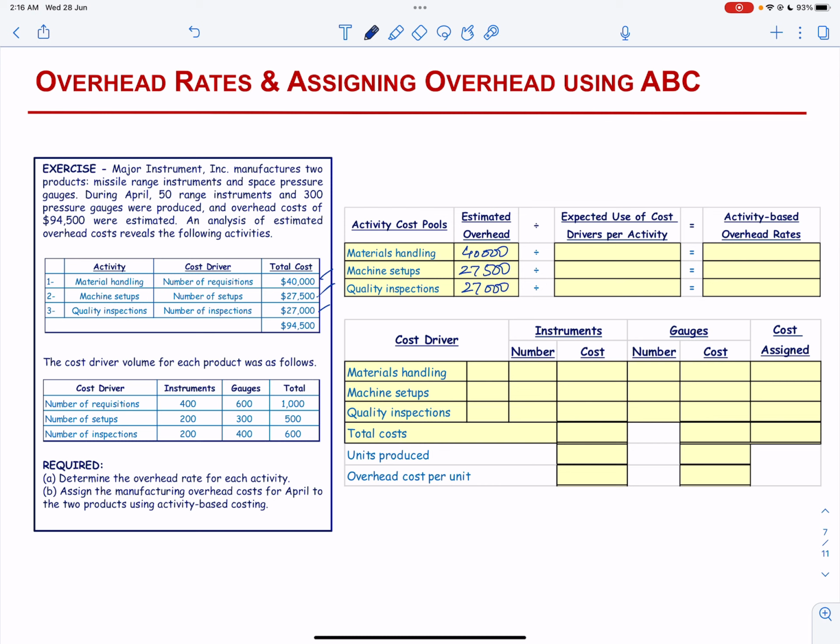And the expected use of cost drivers per activity is given over here: 1,000, 500, and 600. So the activity based overhead rate, we are going to divide them. This will be equal to 40, this will be 55, and this will be 45.